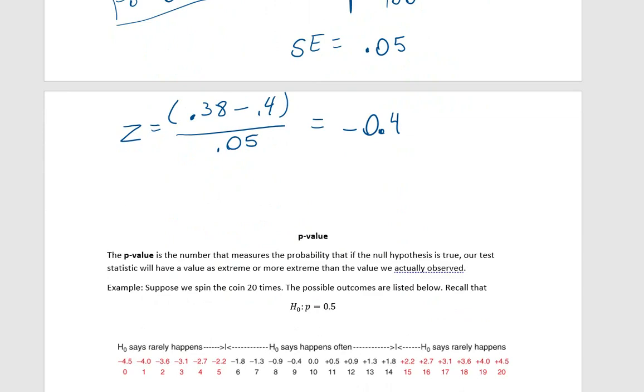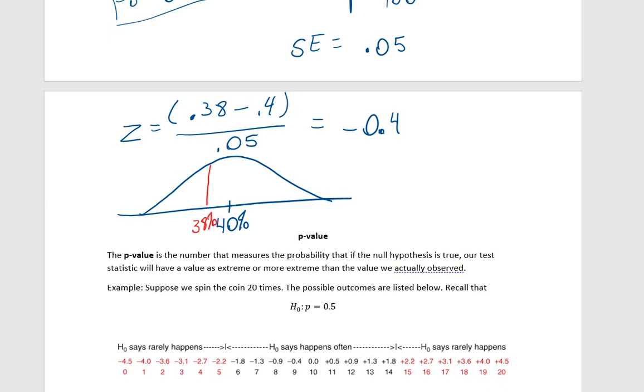Alright, so I just want to give you an idea of what this looks like. Our normal population of prisoners is going to have a 40% recidivism rate. Now, what we found when we ran our sample is we found 38%.